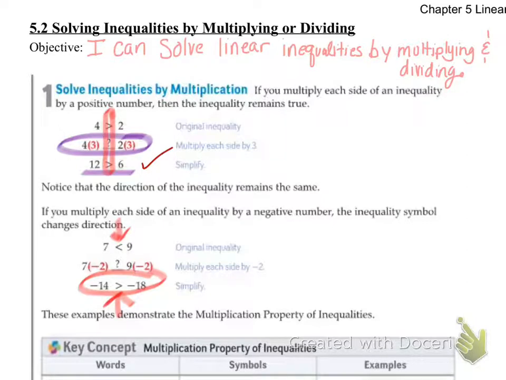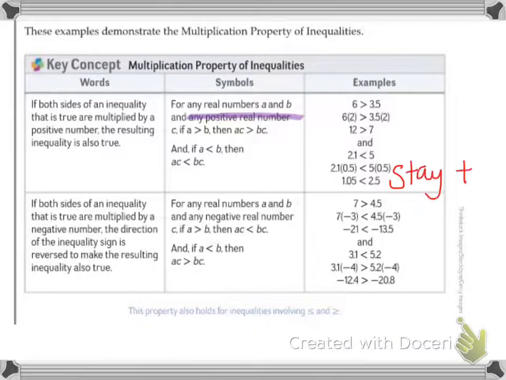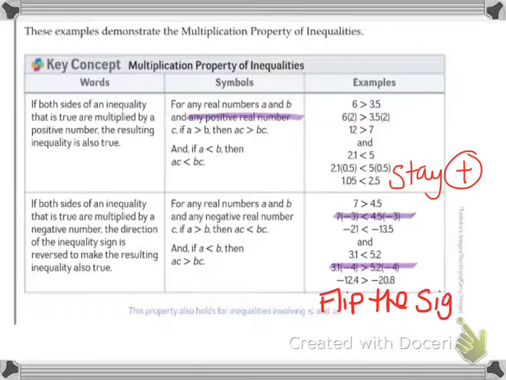So because we multiply by a negative, we need to flip the sign of the inequality. So this just summarizes that if we multiply by a positive, it stays the same sign. If we multiply by a negative, then we need to flip the sign here.